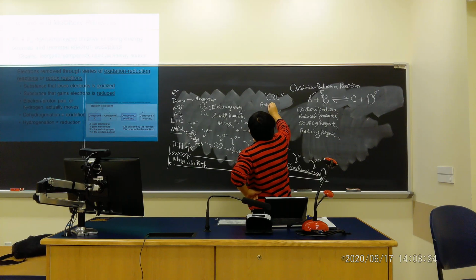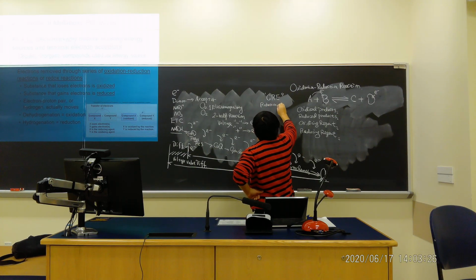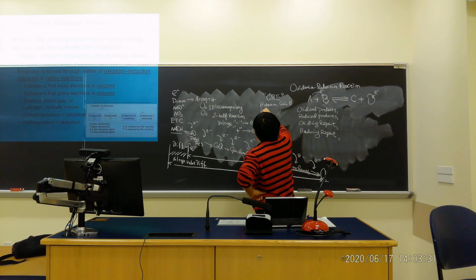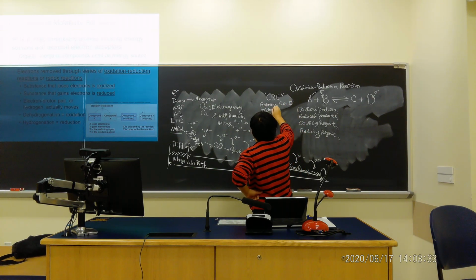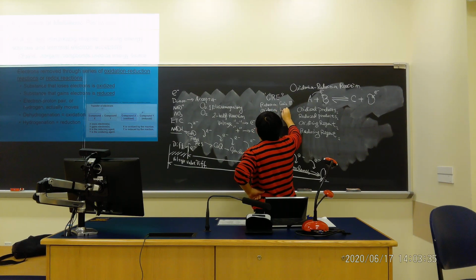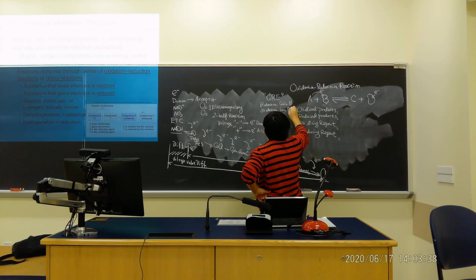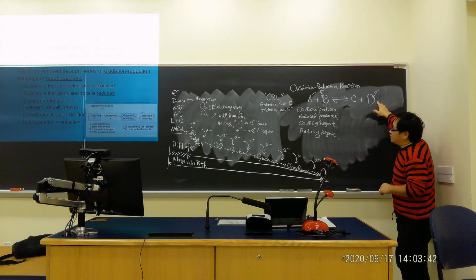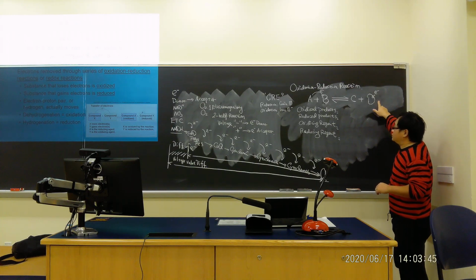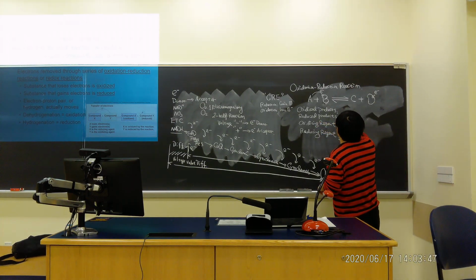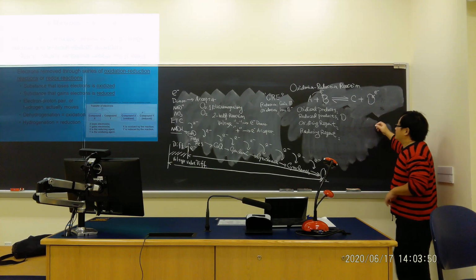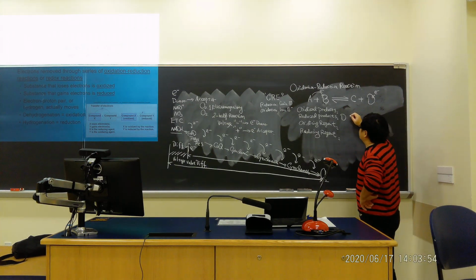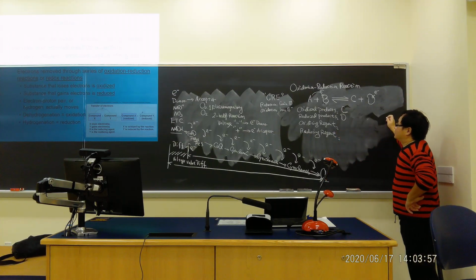Reduction means you gain electrons, and oxidation, in other words, means you lose electrons. So here, chemical D gets electrons, which means it's a reduced product. In other words, chemical C is oxidized, it loses electrons. Okay?